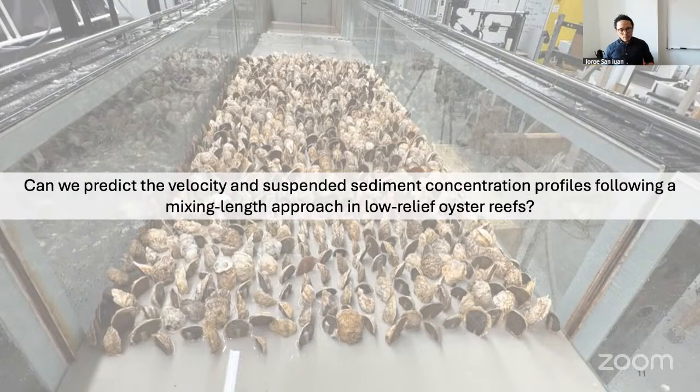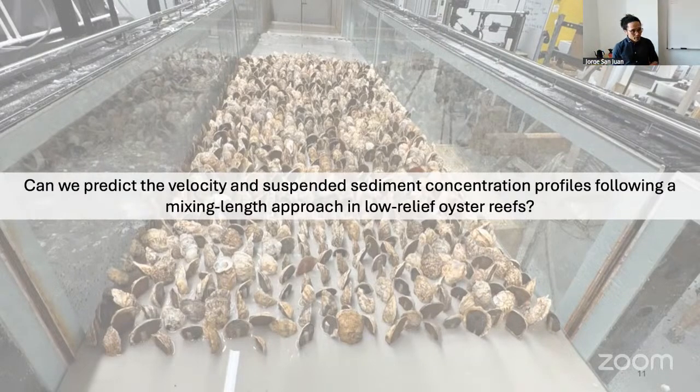A mixing length approach is this Prandtl mixing length theory that tells us that we can represent the shear stress as small eddies that are turning parcels of fluids, and the size of these eddies is going to be characterized by a mixing length. It's a very simple yet very powerful theory that can actually give us the solution for the logarithmic profile.